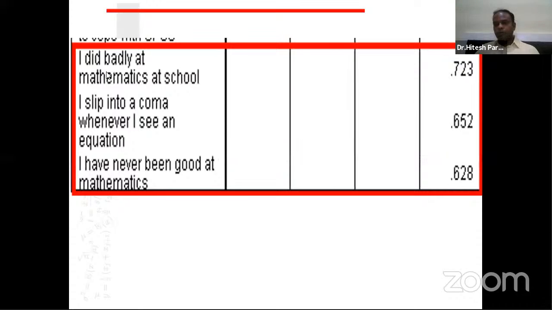So what you can do, you can just combine the scores of these 3 statements. You have your data entry in SPSS, so you just combine these scores: variable number 1 plus variable number 2 plus variable number 3, divided by 3. That will be the average score of these 3. This average score you will get in a single column, and this is nothing but your factor score. Are you getting my point?